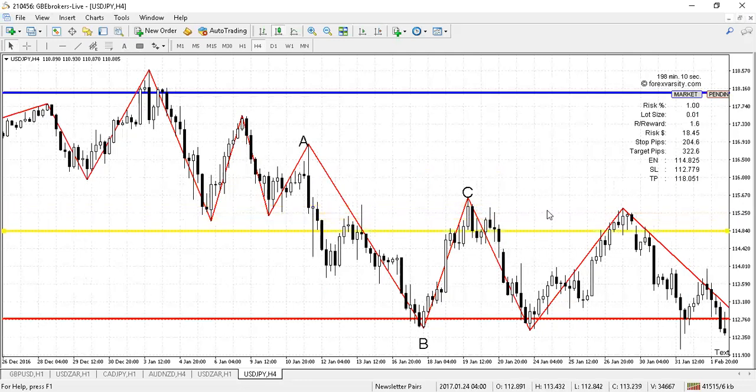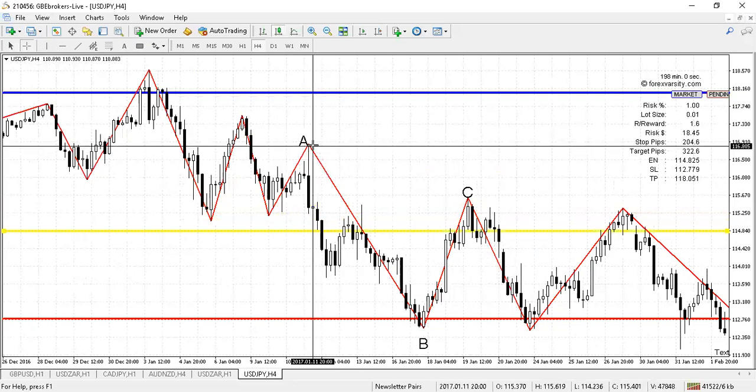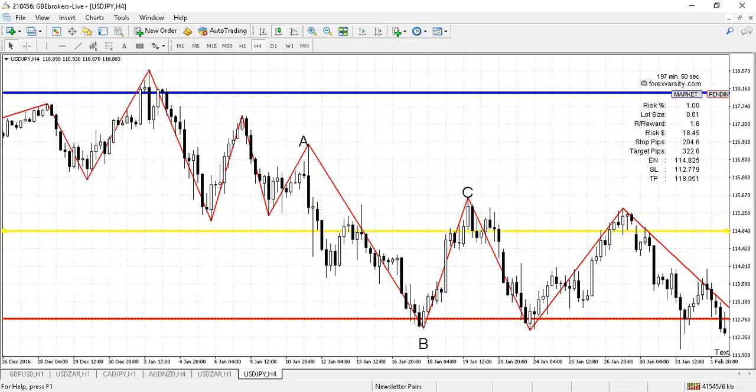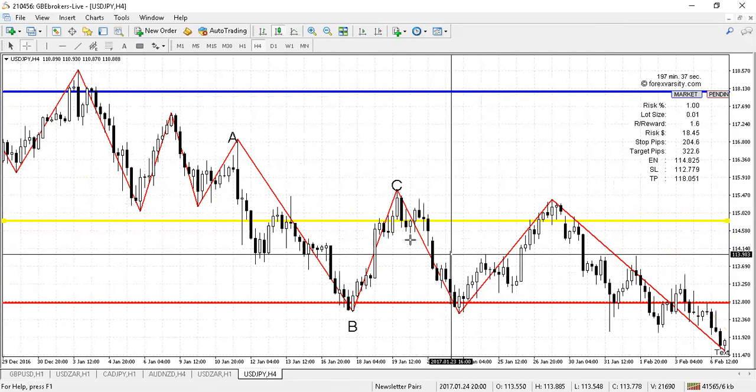Then you would want to measure from A until your entry point. So you get your little crosshair tool and you measure from the top of A right down to your entry point, which is on this occasion 203 pips. Get your calculator. 203 times 0.4 equals 81. So we do our stop loss 81 pips above our entry point.